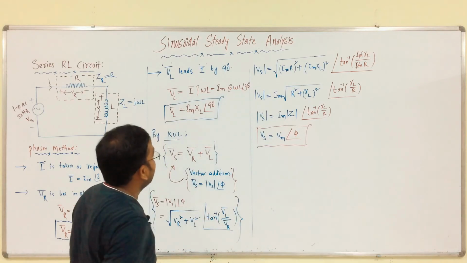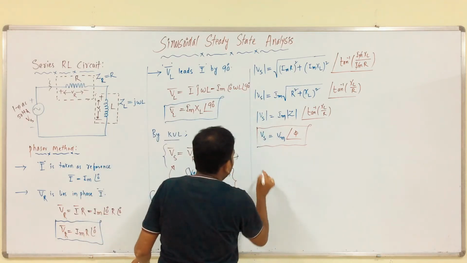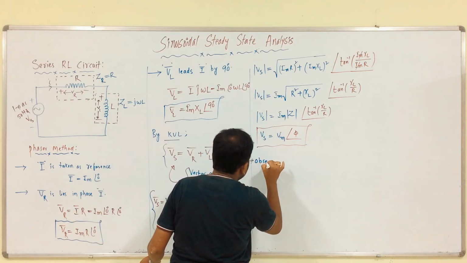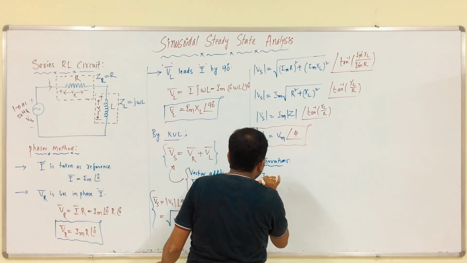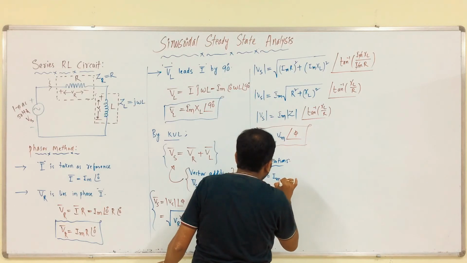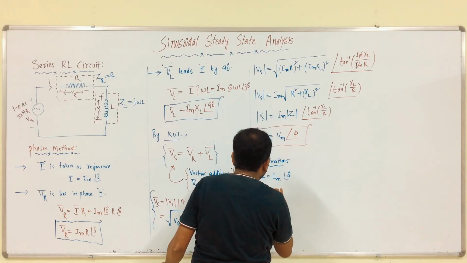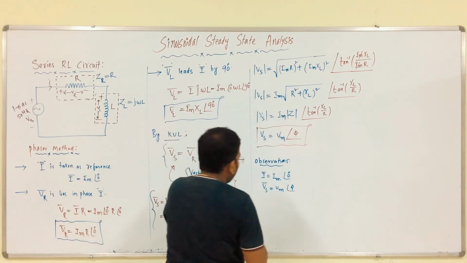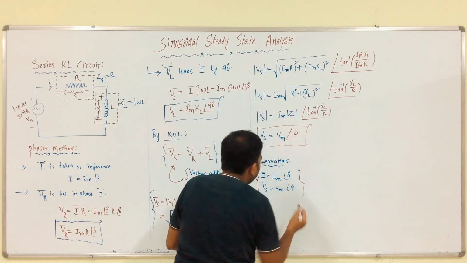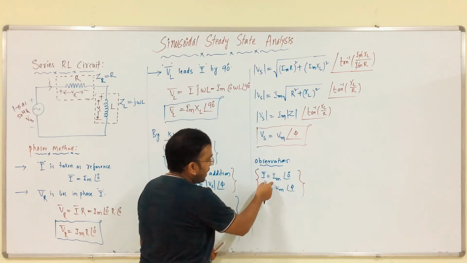See, what are the observations here? Observations. The current is what? Im at an angle 0. Like that, this voltage is what? Vm at an angle phi. See, by using the impedance method as well as the phasor method, we got the same values of current and voltage, right?